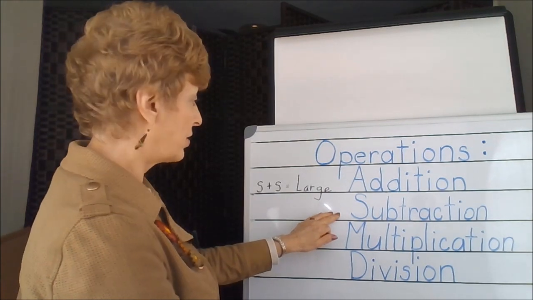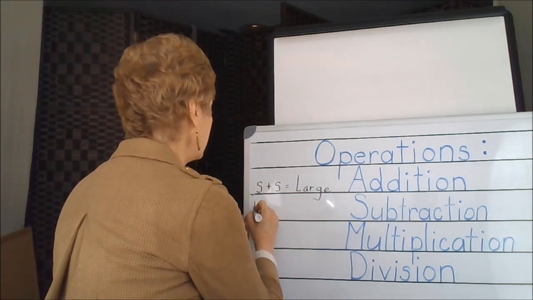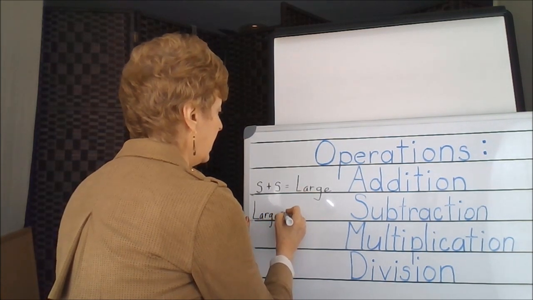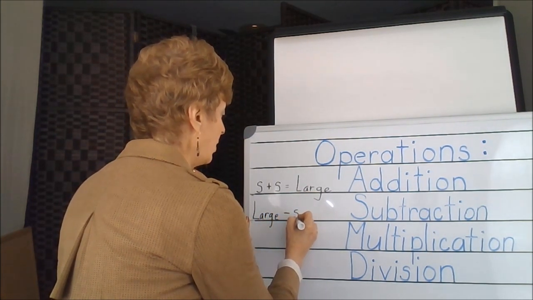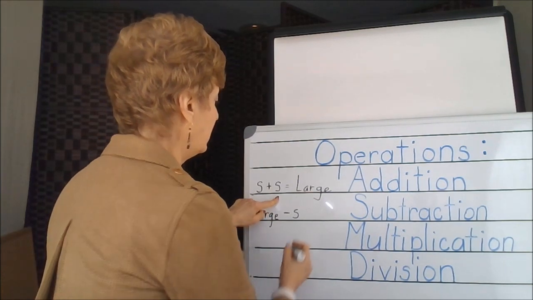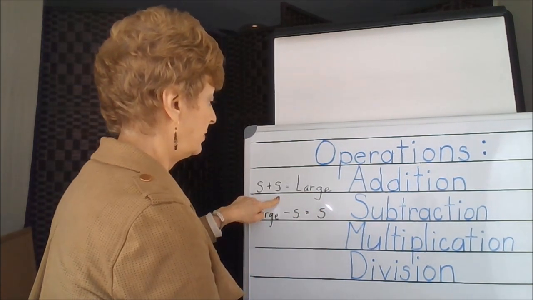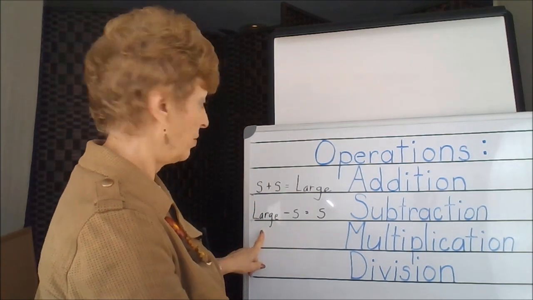Subtraction is the reverse. You start out with the largest number and subtract one of the smaller numbers from it and get a small answer compared to the one that you started with.